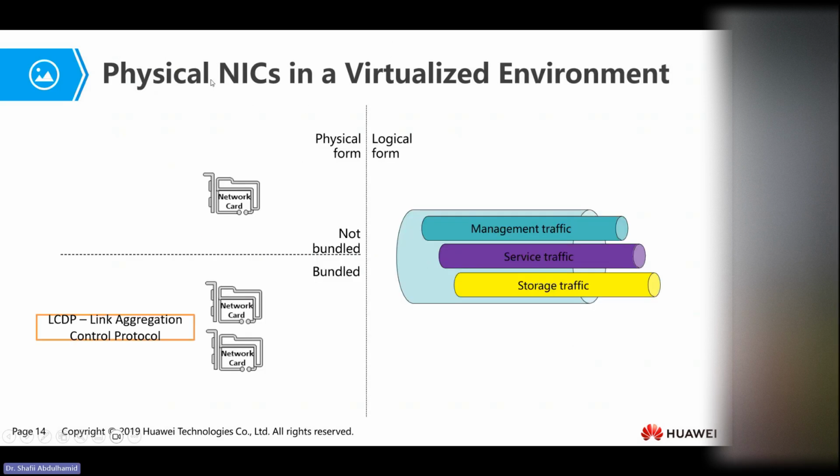Then the physical NIC, as I mentioned before, is a physical network interface card that we used to install on our device before we could connect our device to the network. But now all the laptops and desktops come with built-in network cards, so we don't need to bother about that.